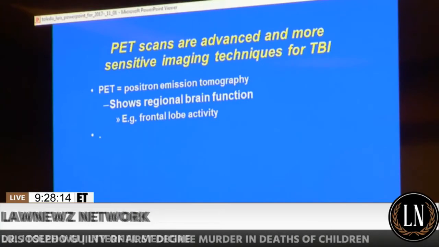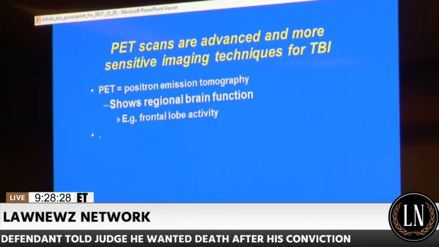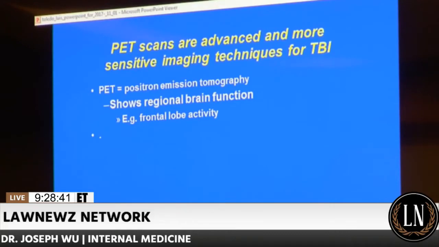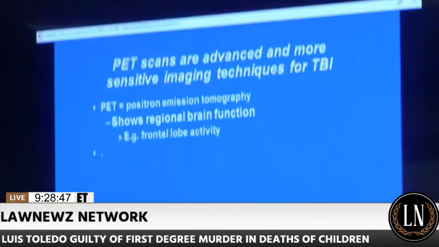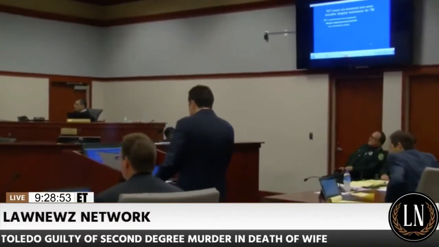As you may recall from basic physics, electrons in our universe are normally negatively charged. We can create the antimatter version of an electron, which is identical, except that it is positively charged. Now, antimatter doesn't exist very long in our universe because antimatter is attracted to matter, and when they combine, you release energy. In order to make the positron emitter, we need a machine called a cyclotron, which I will show you in a few slides. But that's basically what PET scan stands for.